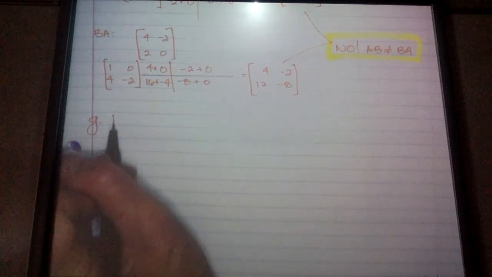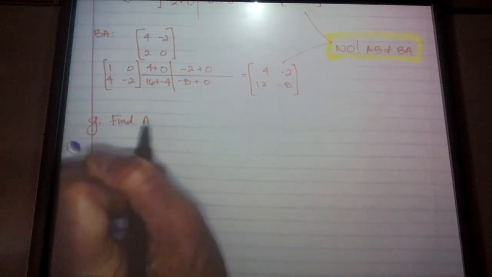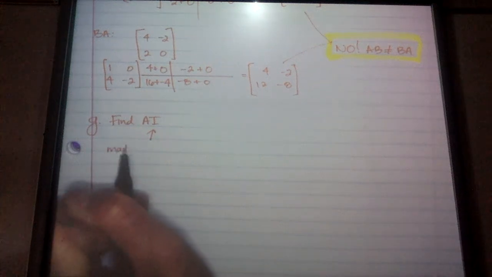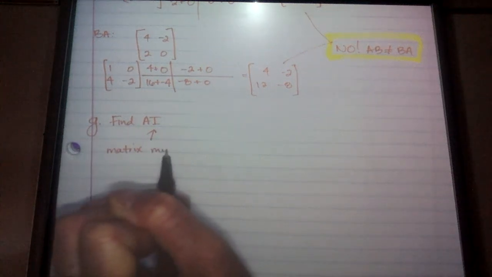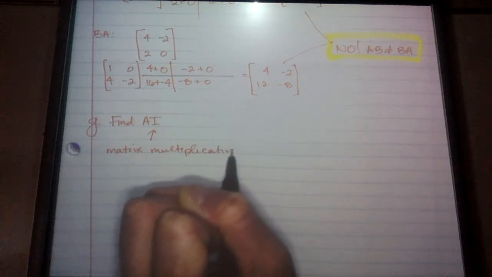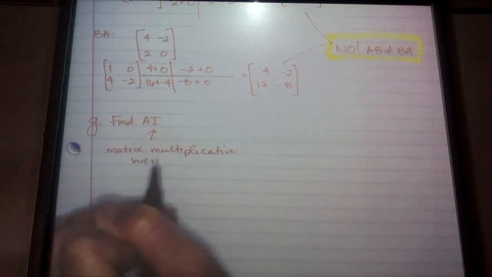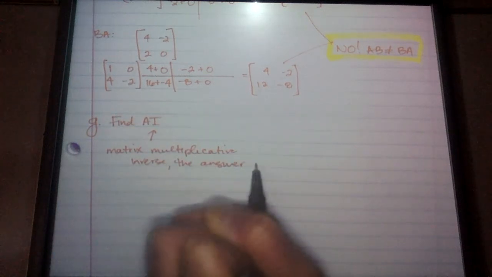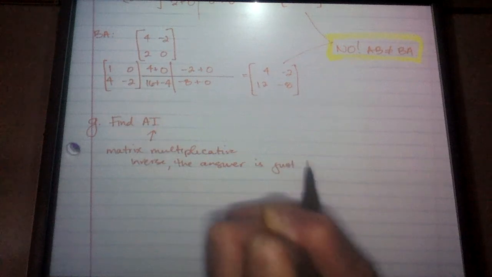So if they ever ask, find AI, and A is your matrix, I is the multiplicative inverse, the answer is just the matrix itself.